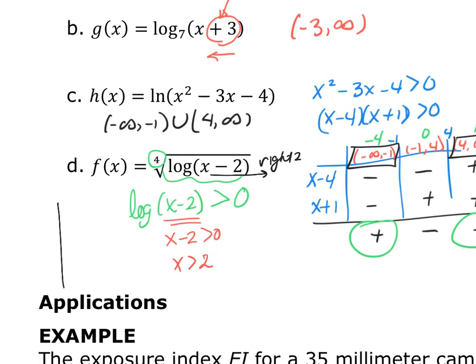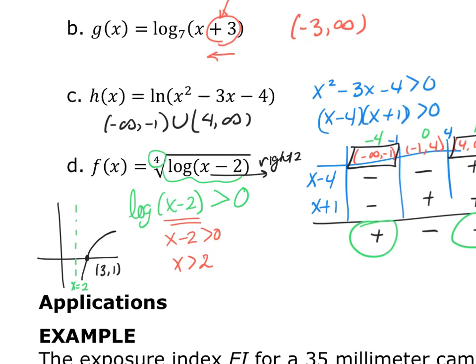But here's my graph, right? So if I move my graph over, so my vertical asymptote is that x is equal to 2, I have a graph that looks like this. Right here is my x-intercept. My x-intercept has moved over 2 as well, so this goes to (3, 1). I have to have my log of x minus 2 to be strictly greater than 0.